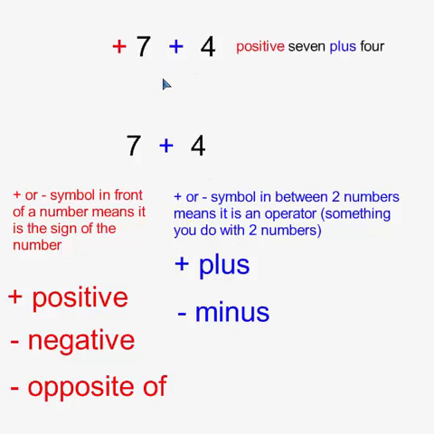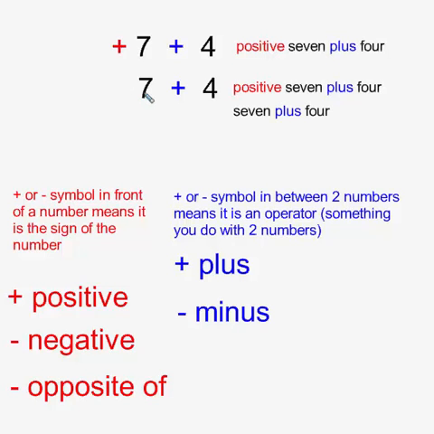Notice the symbols look identical, but the words that we use are not. +7 plus 4, or many times if a number is positive, like in this case, we would leave the symbol off, and you still could read it as +7 plus 4, because lack of a symbol here indicates that the number is positive. However, we would just read it as 7 plus 4, saying the word 7 without saying its sign implies that it's positive.